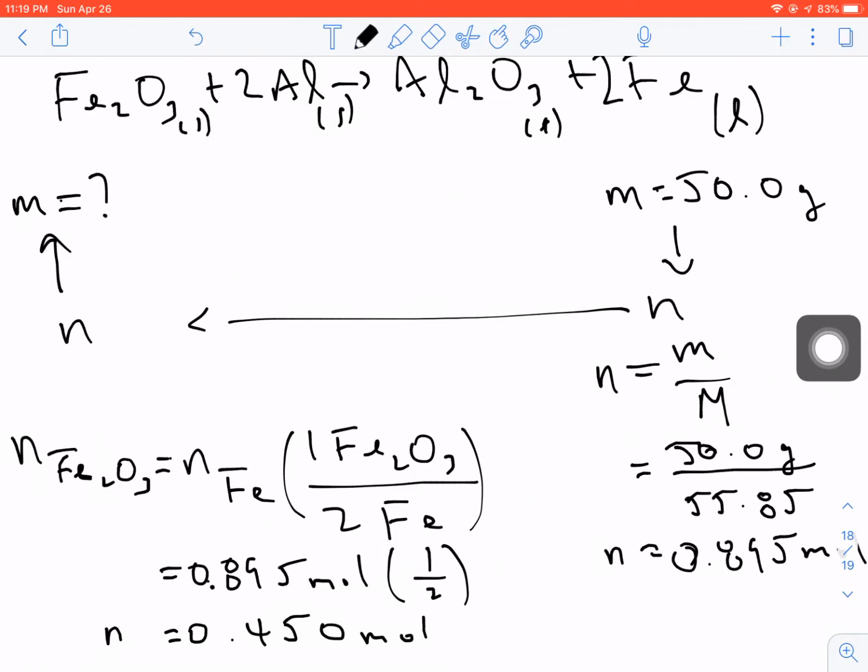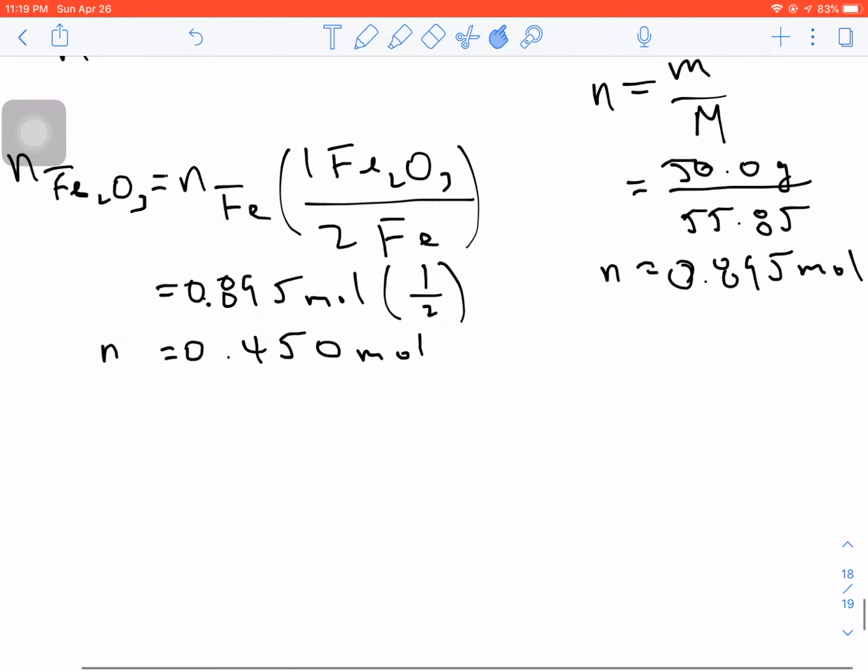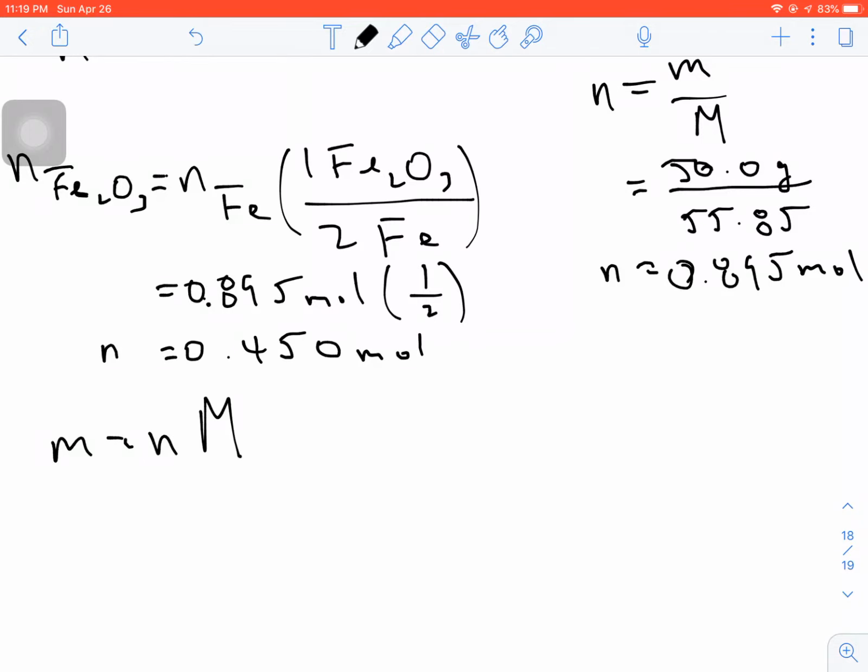Okay, so you started here, I calculated this number. Then I use this number to calculate this number of moles. Now I'm going to use this number to calculate this number. Right, so now my goal is to determine the mass of Fe2O3. Okay, so my mass is equal to the number of moles times the molar mass. Number of moles is 0.450, but I don't know my molar mass yet.